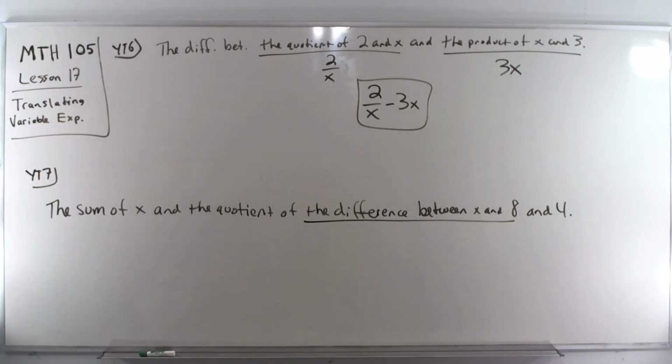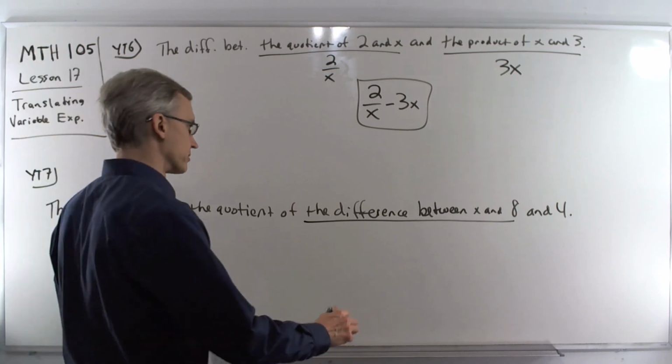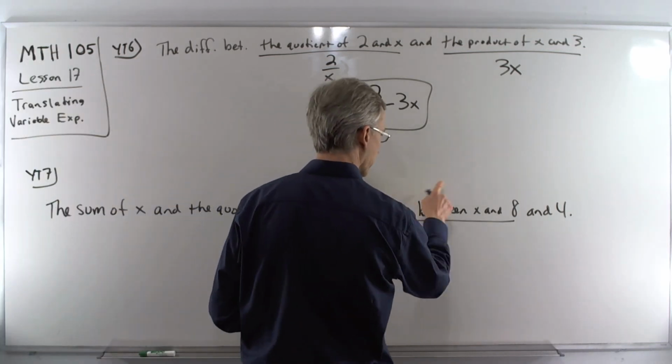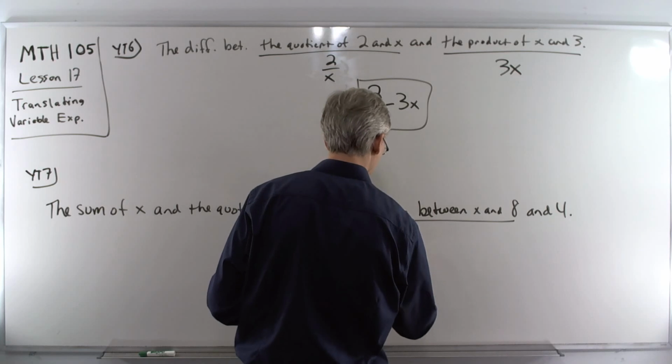All right, there's our simple expression, the only place we can start and get one operation and two numbers or variables. So the difference, that's subtraction, between x and 8, so that is x minus 8.